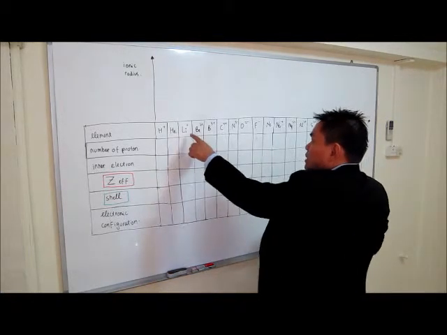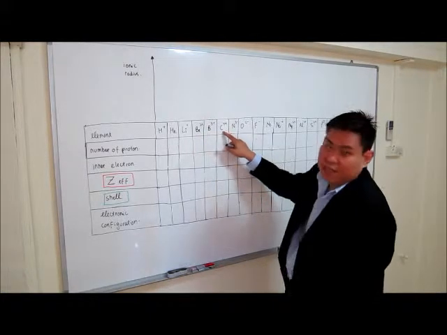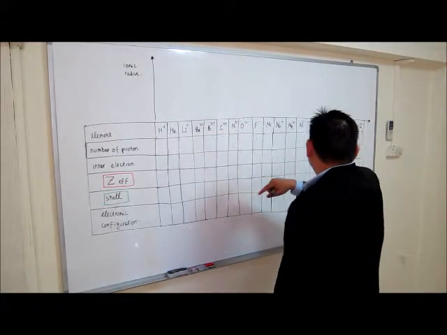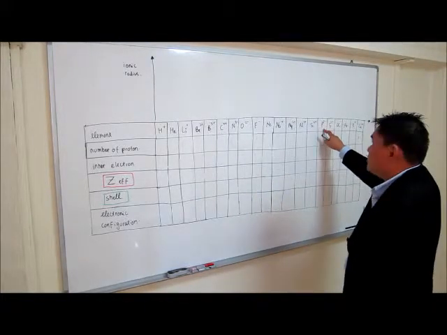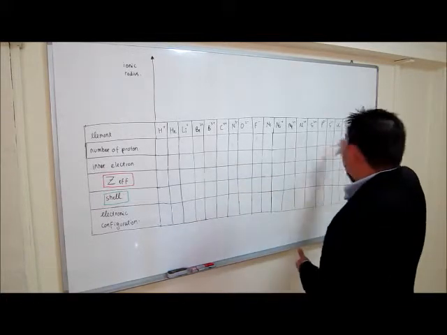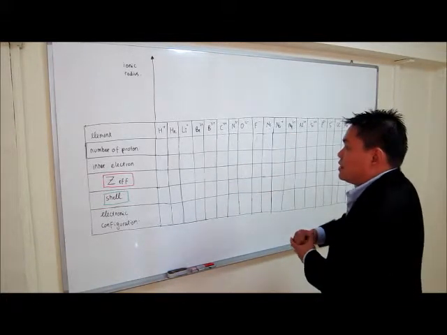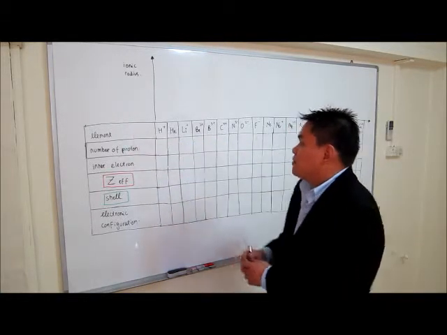H is +1, lithium is plus, beryllium is 2 plus, boron is 3 plus, carbon is 4 plus, and so on. You're going to have silicon 4 plus and phosphorus 3 minus. That's how you fill up the name of the element or the ions here.